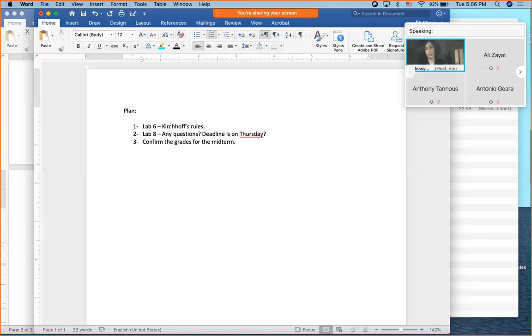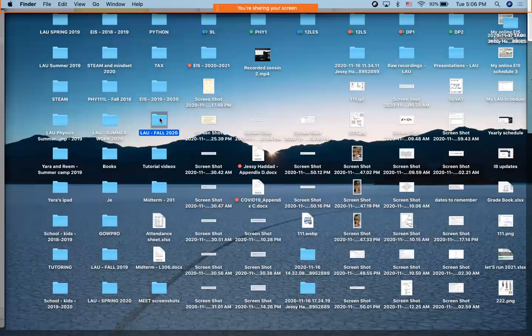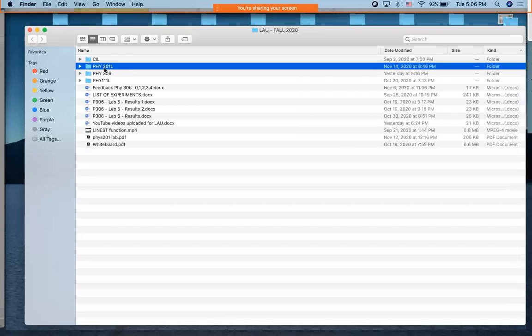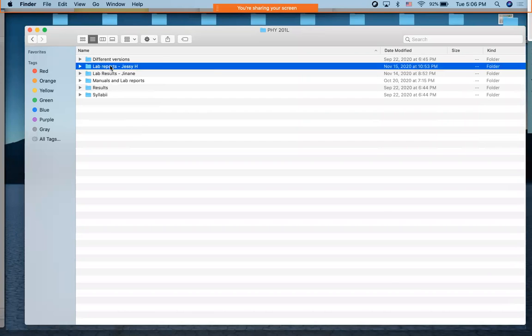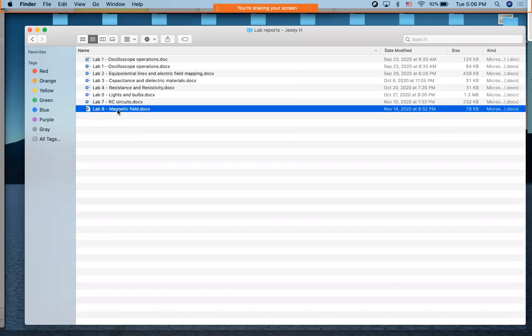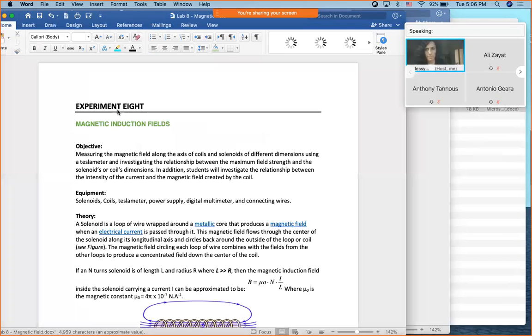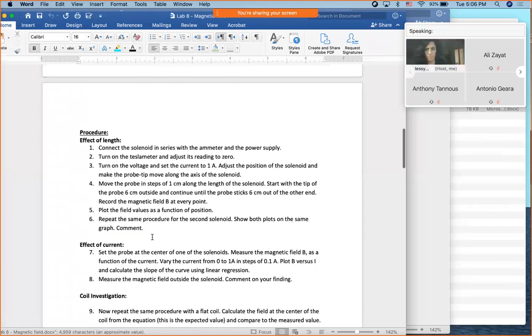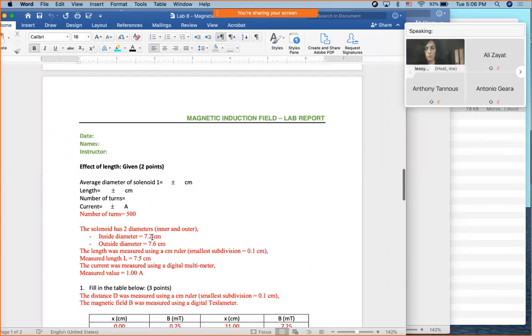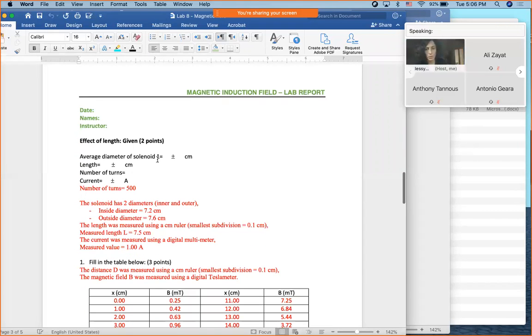All right, so let me fetch lab 8. I'm looking for lab 8. That should be here. Yes, this is what I sent you with results. All right, so this is solenoid 1. The number of turns is 500.